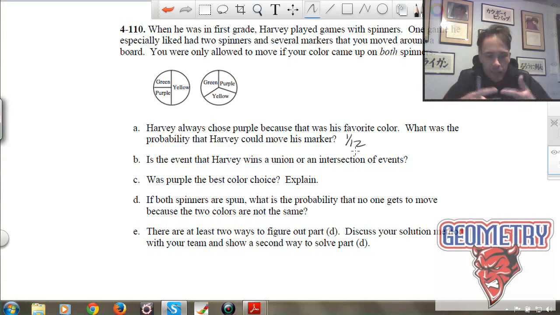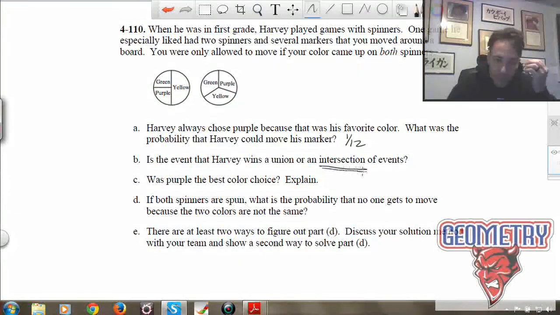It's an intersection because it requires both of them to happen at the same time. So it's where those probabilities overlap. So it's the 1/4 of purple chance in one and the 1/3 purple chance in the other. So it's not or, it's an and, which makes it an intersection.